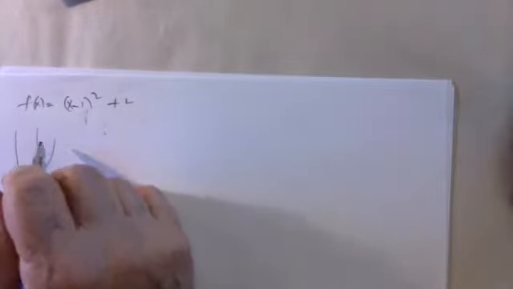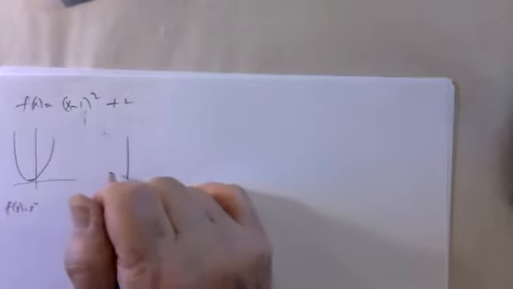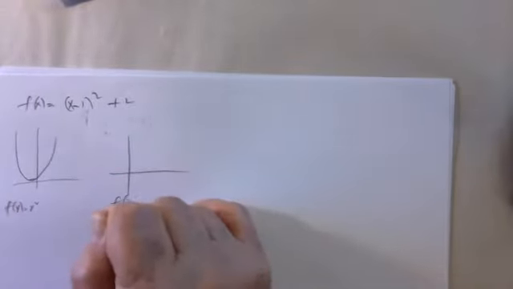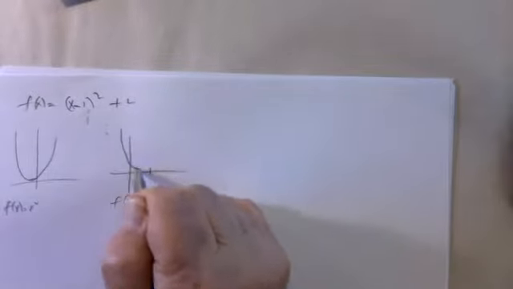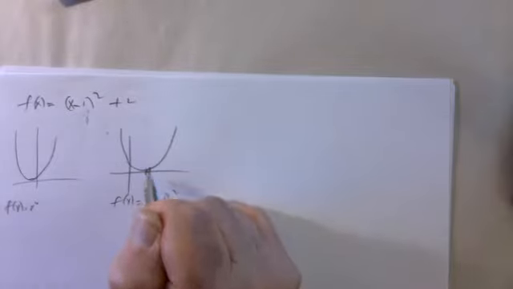Okay. Let's look at an example. Suppose we have the function f of x equals x minus 1 squared plus 2. So you know what the graph of this function looks like. If you had y equal x squared, that's just the parabola. If you have f of x equals x minus 1 squared, that's just the parabola shifted over by 1.